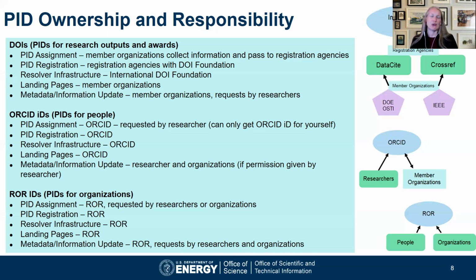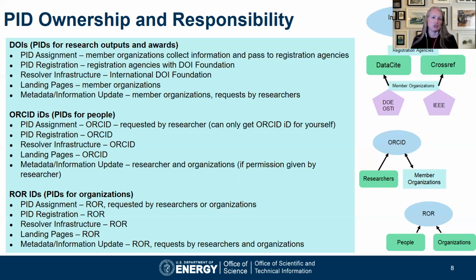And then moving on to ROR IDs, it's simplified even more because ROR has all of the responsibility. ROR assigns the ROR IDs, the persistent identifiers, again, only when requested by an organization or a researcher at an organization to assign a ROR ID to their organization.